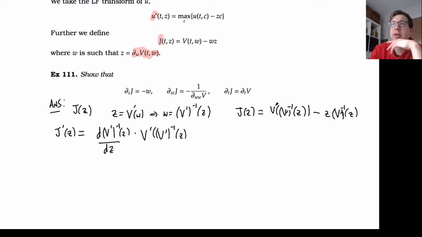That's chain rule applied to this. Now let's differentiate this term, and I can use product rule. I can differentiate this term, so I'm going to end up with minus z times the derivative of this.